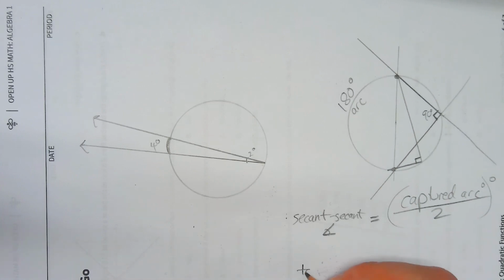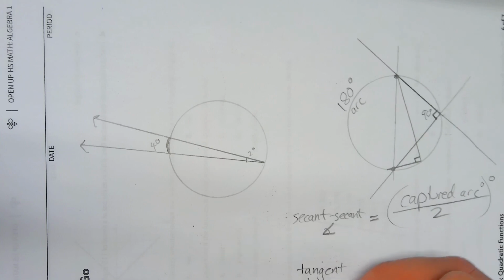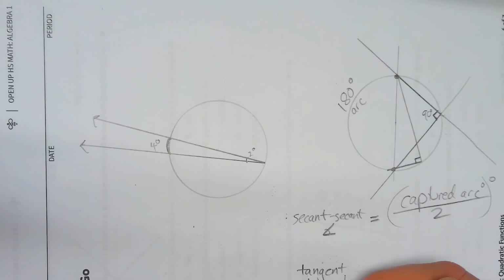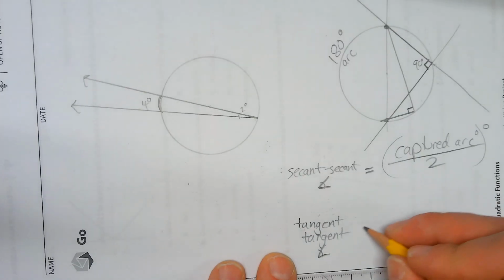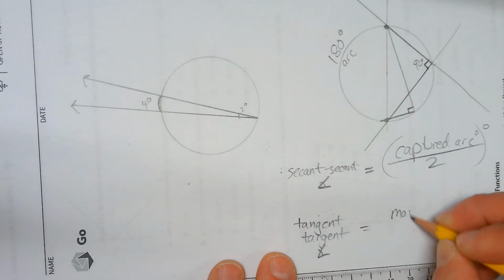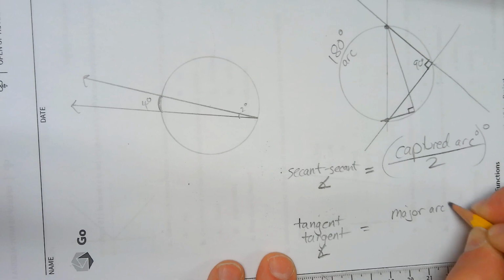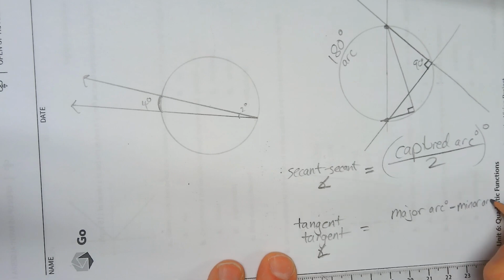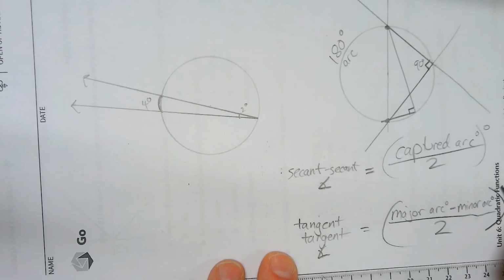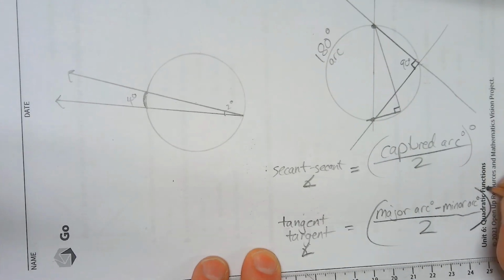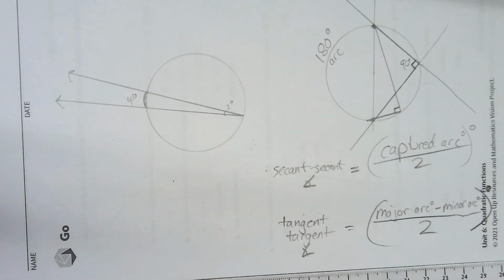And the tangent angle equals the major arc degrees, subtract the minor arc degrees, divide that by 2, and that is degrees of the angle.